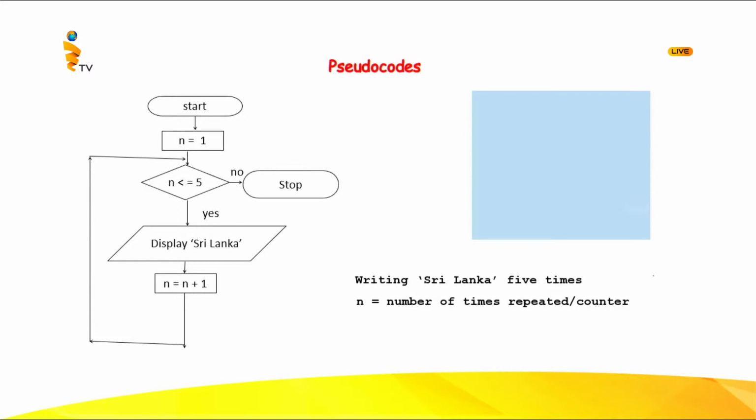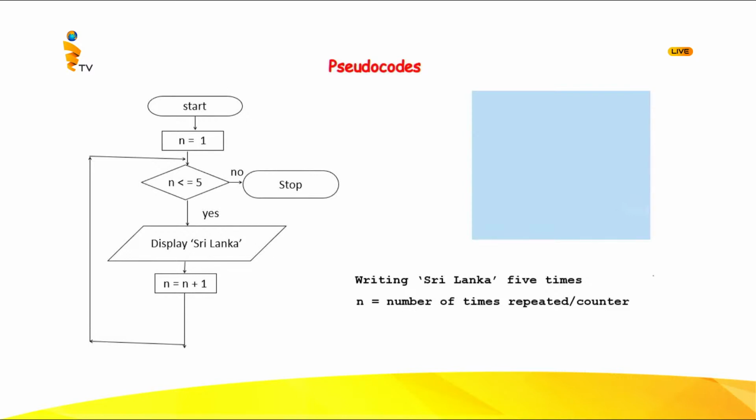So in my first attempt I am assigning 1 to the variable n. Then I am checking whether n is less than or equal to 5, because I have to check whether I have written Sri Lanka 5 times. So I have my condition there. I have selected n less than or equal to 5.